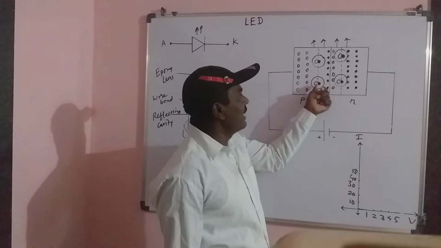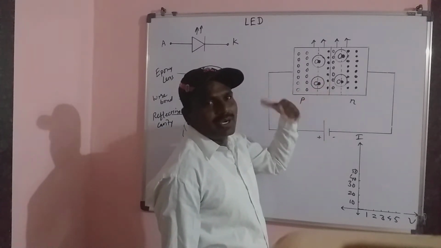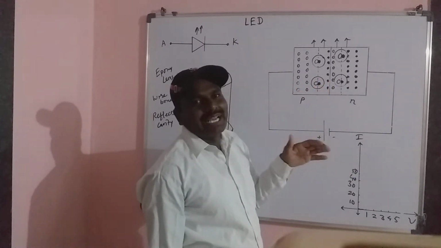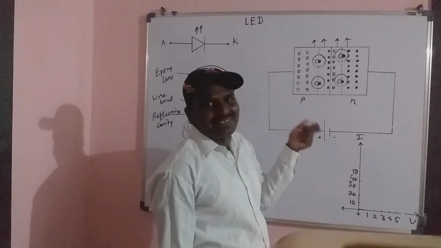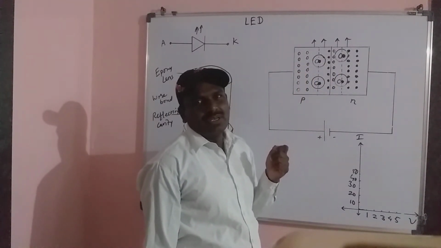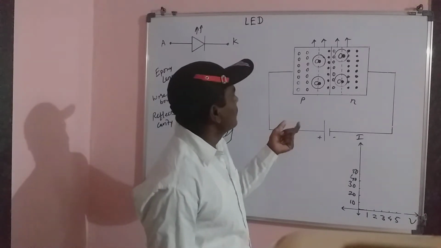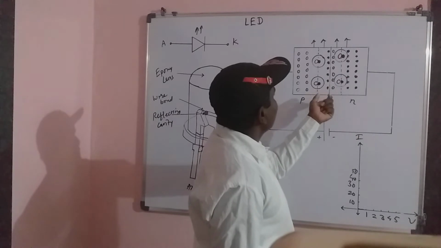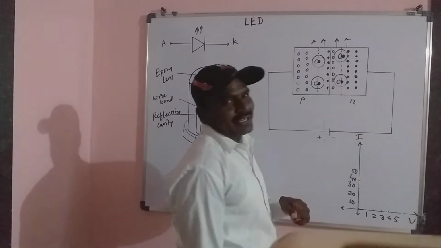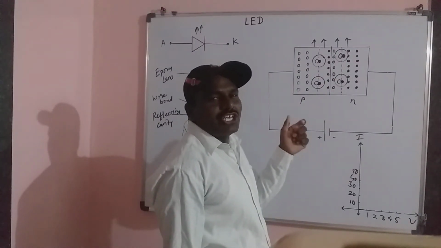When this recombination happens, there is a photon, and that photon emits the light. That light is monochromatic light. When the photon is within a thin layer, it emits the light.